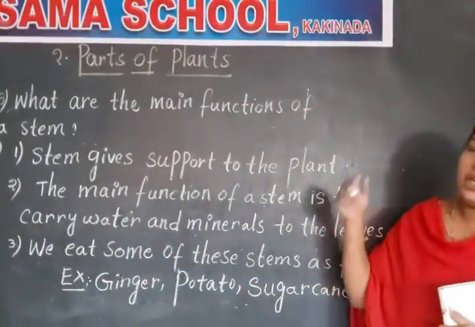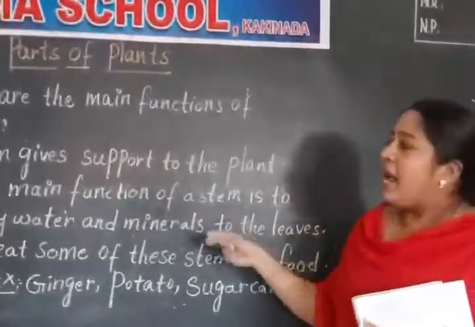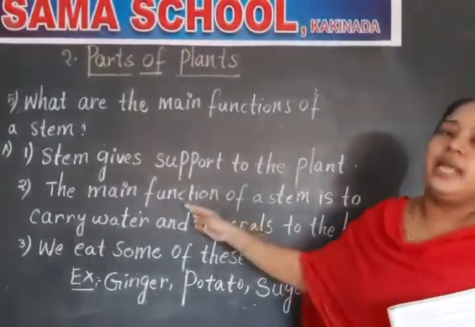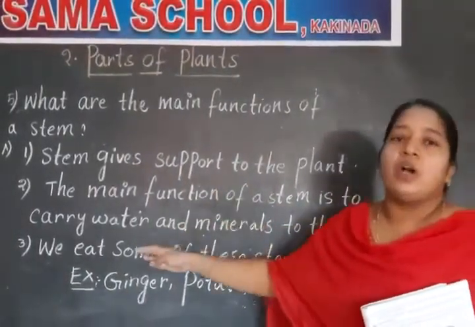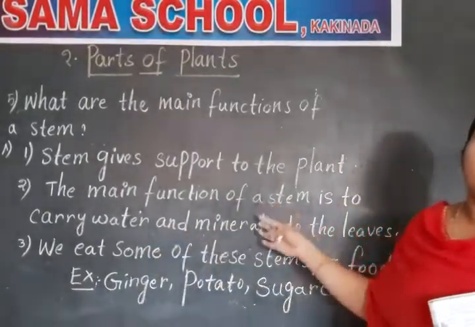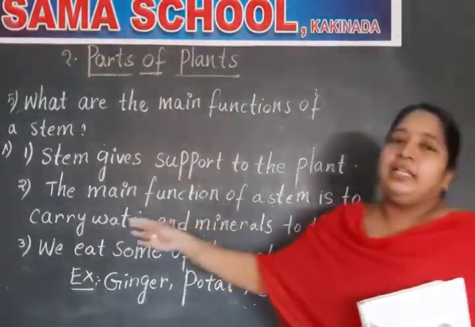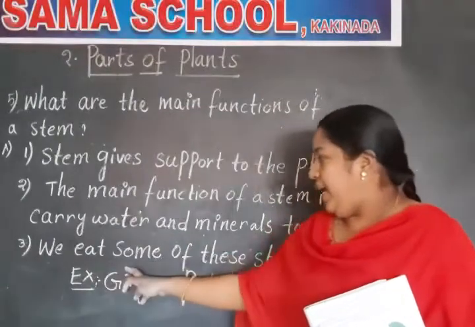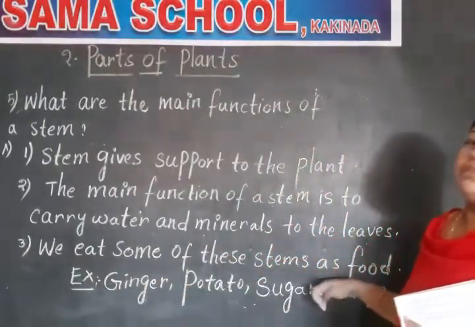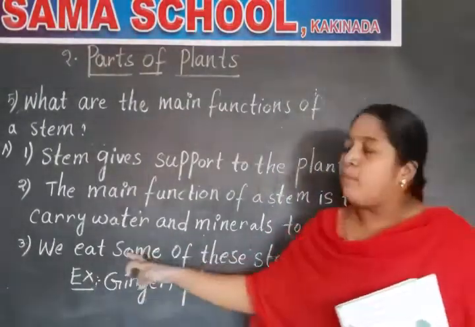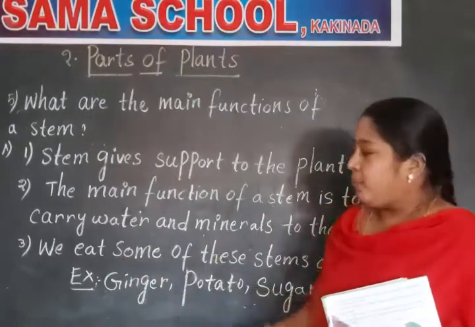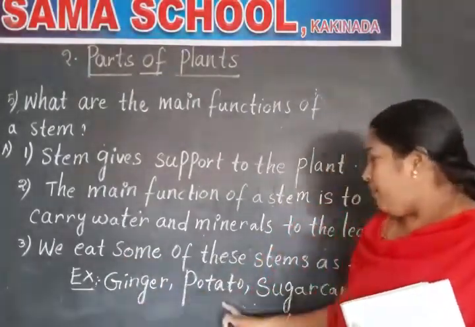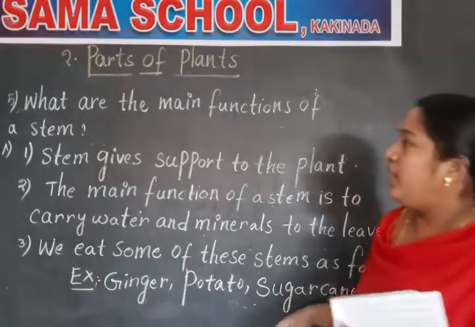The water and minerals absorbed by the roots are carried from the roots to the leaves by the stem, and we eat some of these stems as food. Example, ginger, potato, sugarcane. Clear, children?